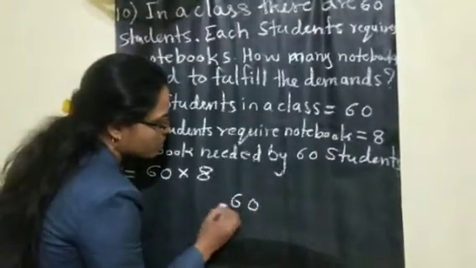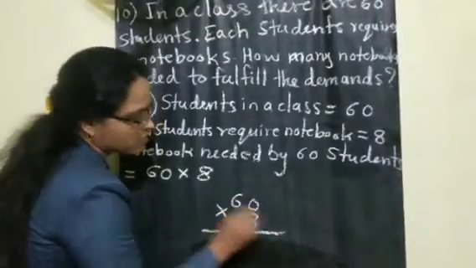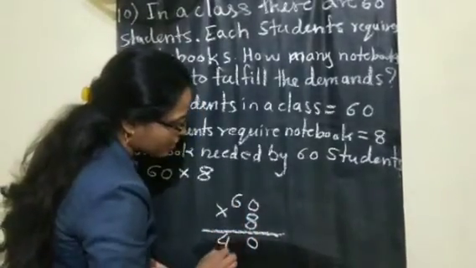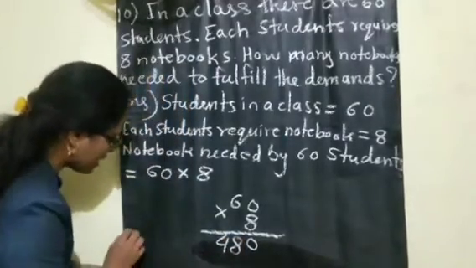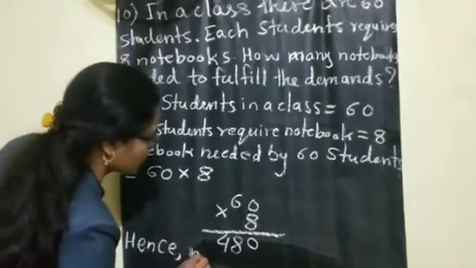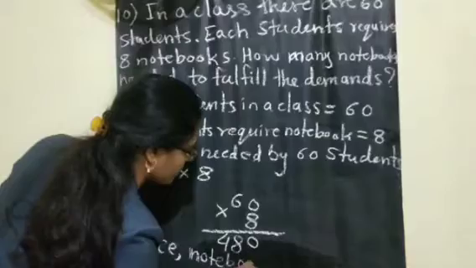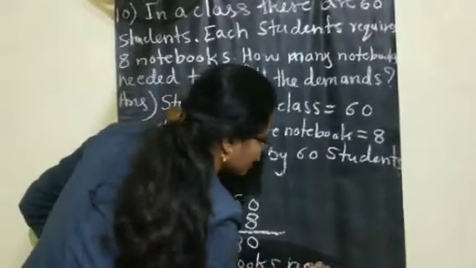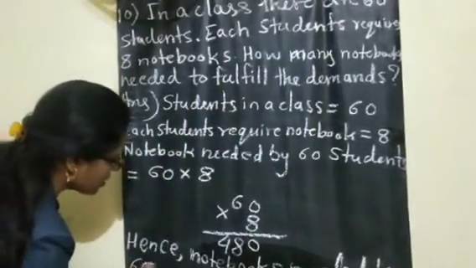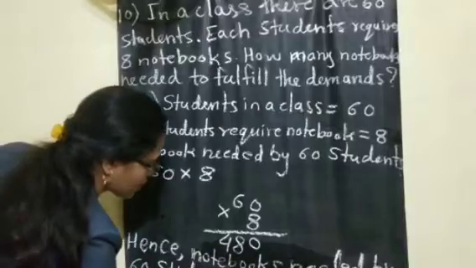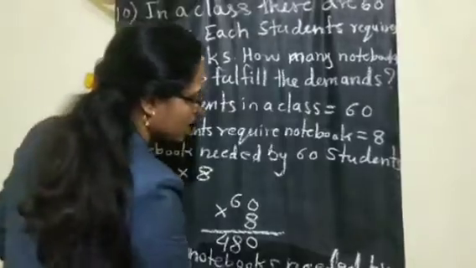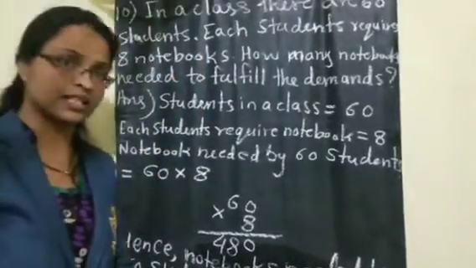So write in the vertical form, 60 multiplied by 8. 8 zeros are 0. 8 sixes are 48. Hence, notebooks needed by 60 students is equal to 480. How many? 480. Okay, children, understood?